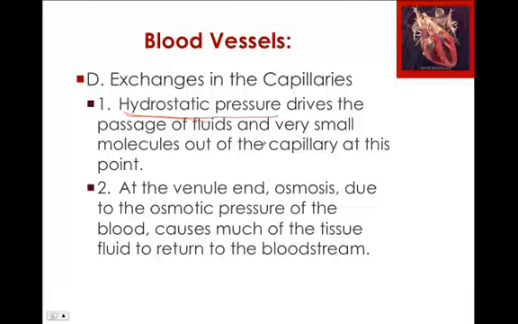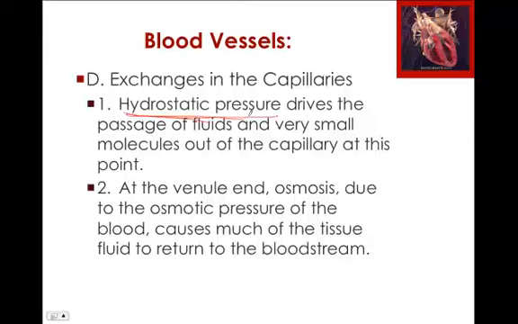Or in this case, I should say it's really going to drive the passage of fluids out of the capillaries. Your capillaries are basically like your hose, and the water pressure inside that hose is going to push against the water.